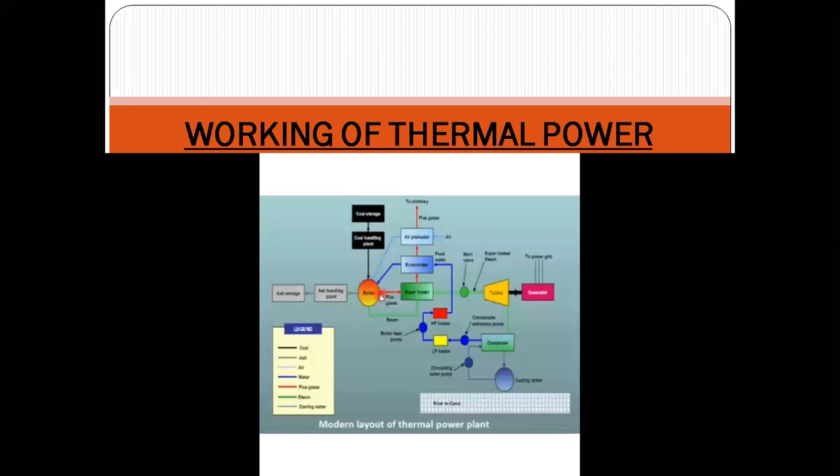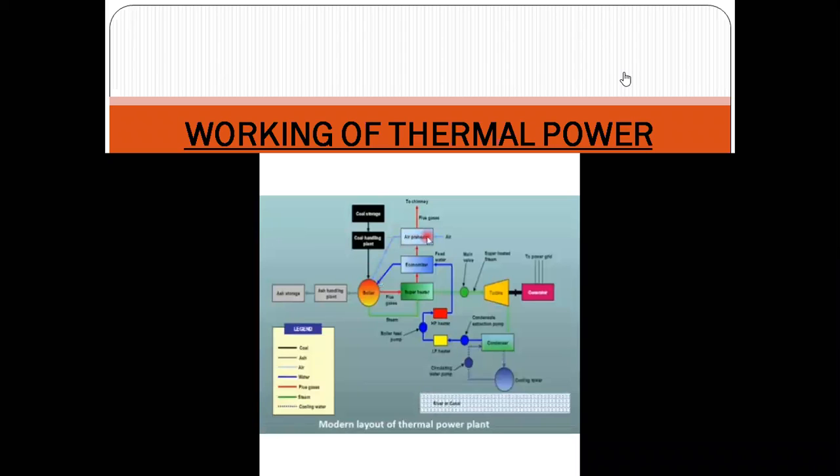Same thing, the flue gases used inside the superheater and economizer pass to the air preheater, where they are used to increase the temperature. Because if the atmospheric air comes with high pressure and high temperature, then the combustion takes place efficiently.